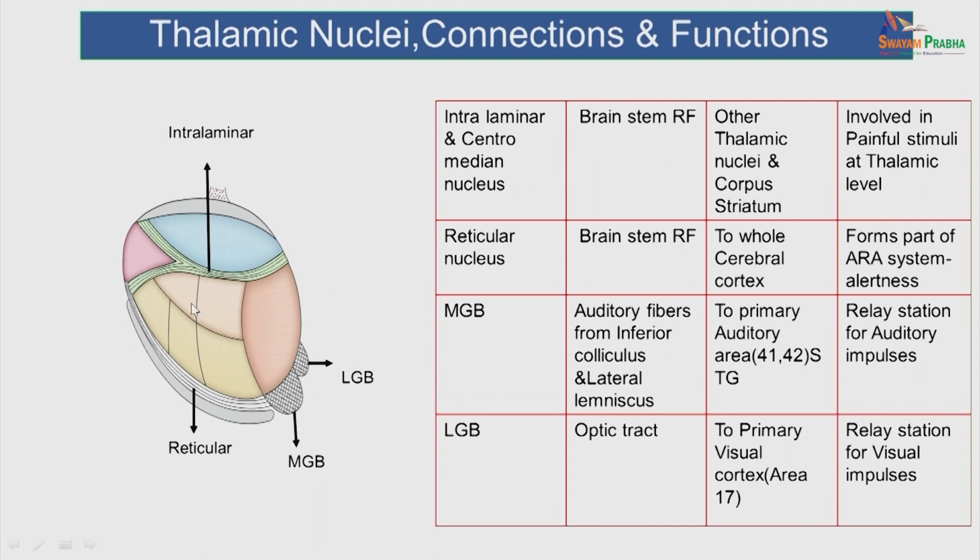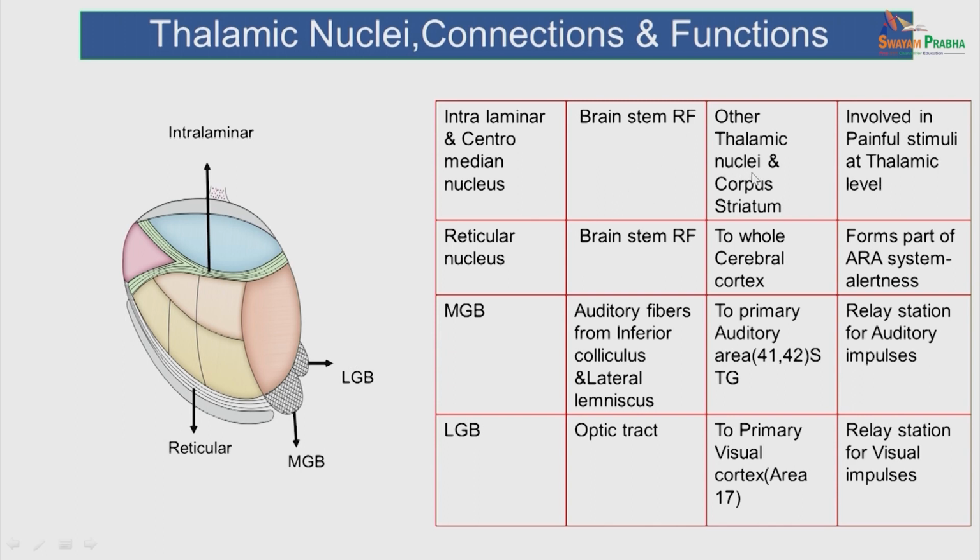Then you have the other nuclei present in the thalamus. Within the intramedullary lamina, we have the intralaminar nuclei and also the centromedian nucleus. The afferents are from the brainstem reticular formation.